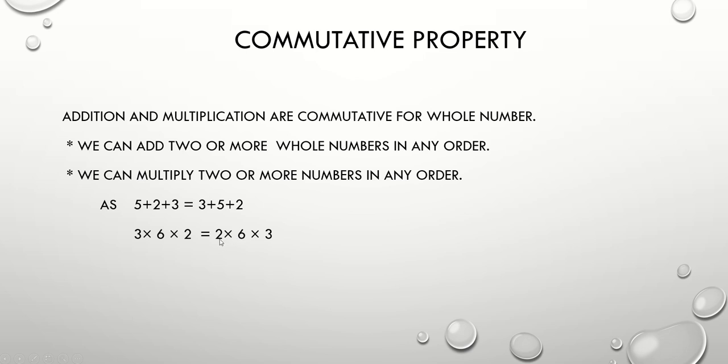Now you are saying, ma'am, I want to multiply 2 and 6 first. 6 2s are 12, 12 3s are 36. So the answer would remain the same. You can change the order of numbers in case of addition and multiplication. So this property is commutative property, in which the order of the numbers doesn't matter.